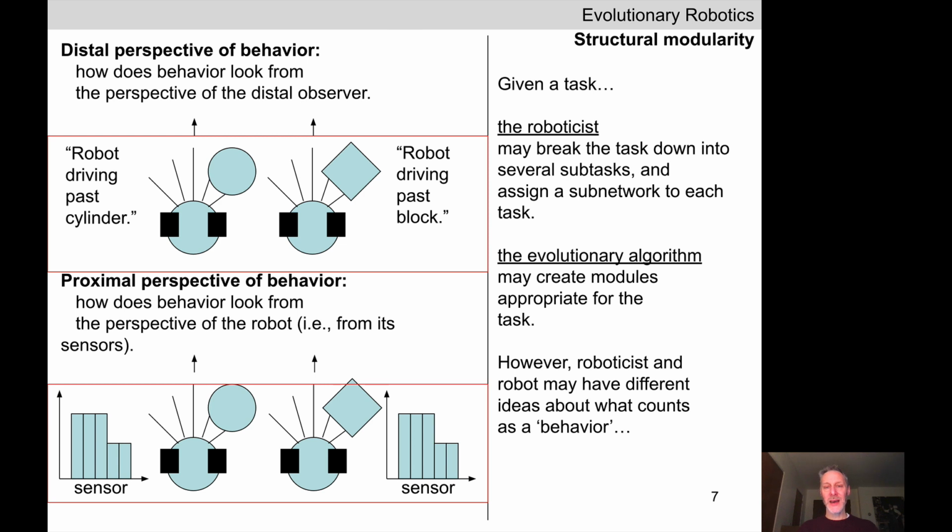So it might be that what we think of as roboticists as a good way to break down a problem into manageable parts and create neural modules for the robot to deal with those different subtasks is not an appropriate way for the evolutionary algorithm to break down the task in front of the robot into submodules and allow the robot to solve it.